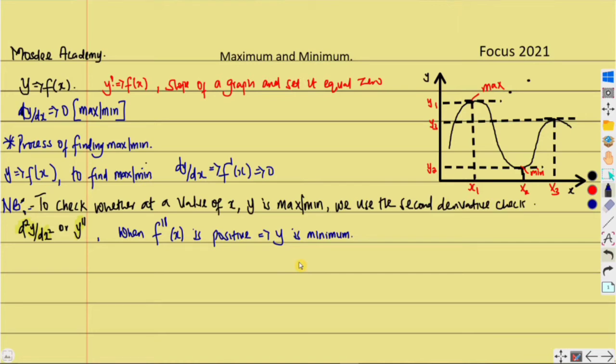So if you differentiate twice and the answer is positive, I mean y is minimum. But when you differentiate the function of x twice and the answer is negative, my dear student, you don't need to waste your time, I mean y value is maximum. So this is the method we use mostly in your mathematics class to get maximum point and minimum point.